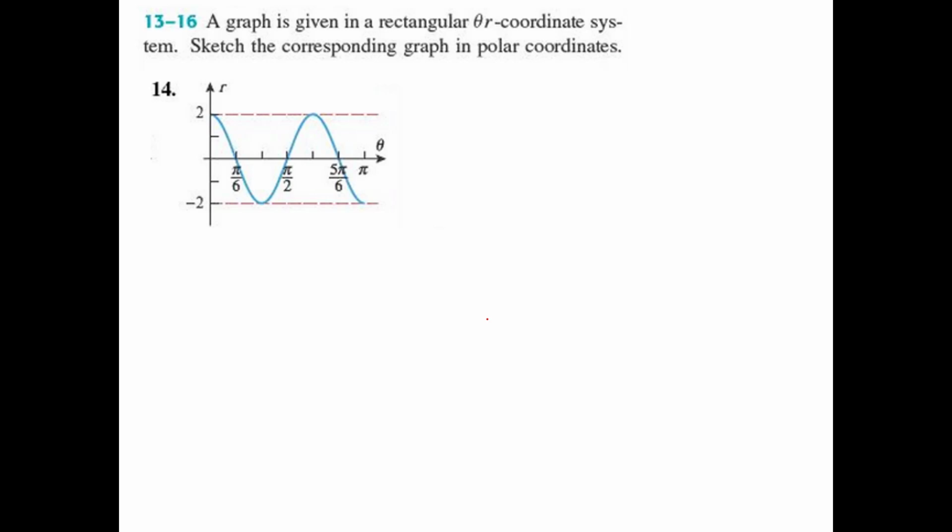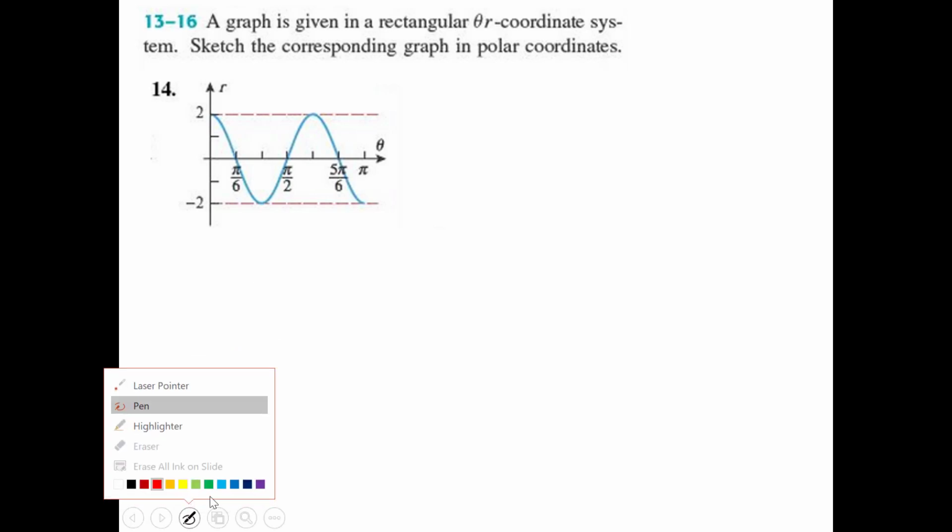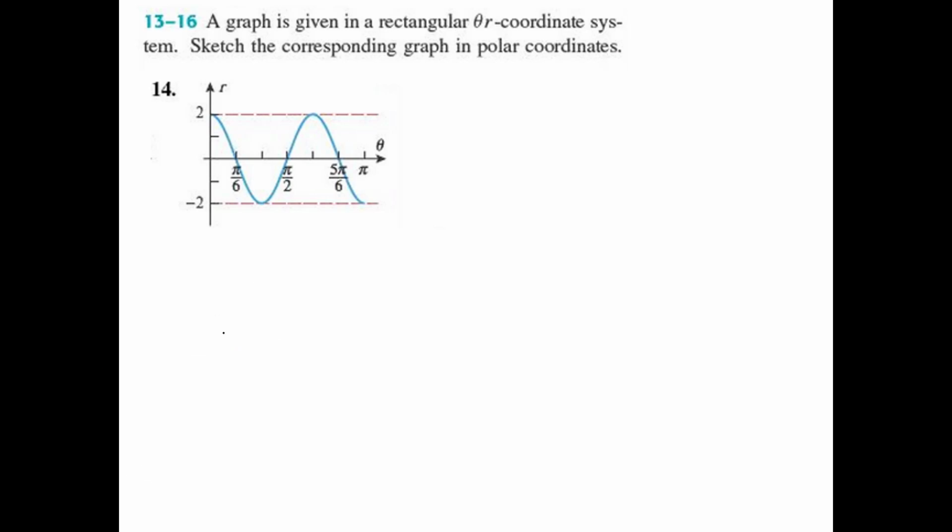Okay. Put the axes in black, X, Y. You can see that when theta is 0, my R value is 2. That tells me I'm 2 units away from the origin.